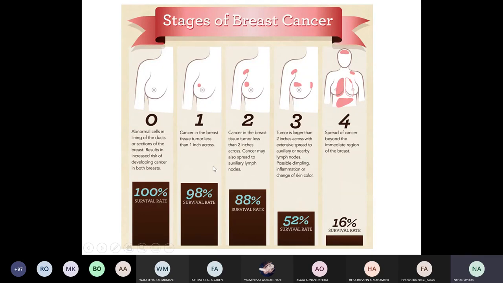When patients are diagnosed as stage 1, it's mostly a small tumor and in most cases lymph node negative disease, so the cure rate is very high. Definitely that cure rate will decline when there is lymph node involvement or larger tumors.